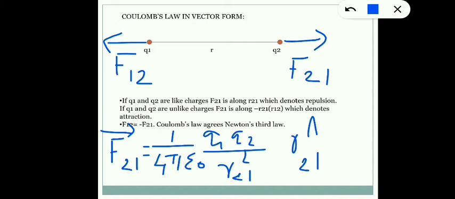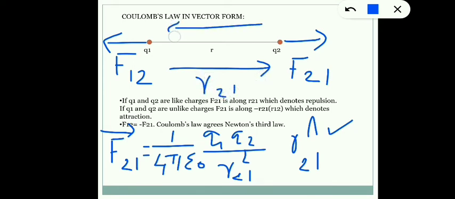So to express that force, we need a vector pointing from Q1 to Q2. And this R21 is the unit vector pointing from Q1 to Q2. So this will be the direction of R21, and this will be the direction of R12.